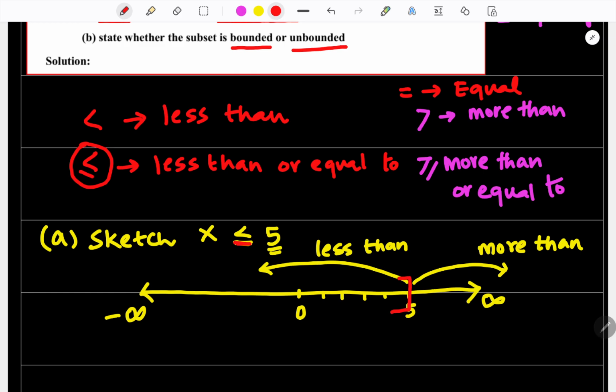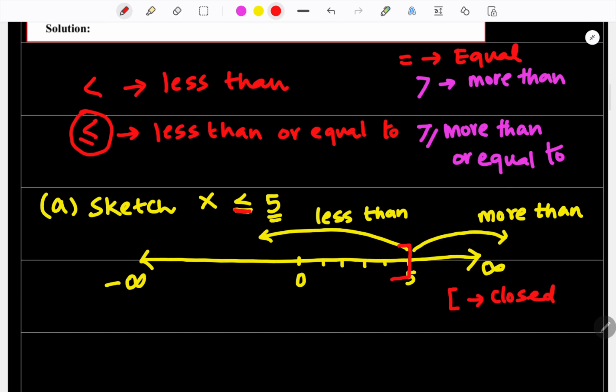This is called a closed bracket, and this is called an open bracket. So x less than or equal to 5 means it takes all the values up to minus infinity. So this is called the sketch.